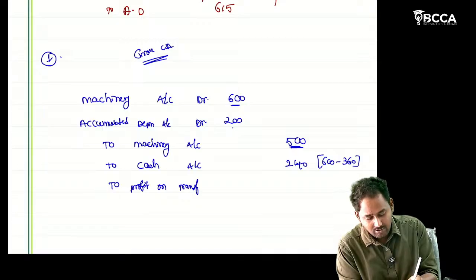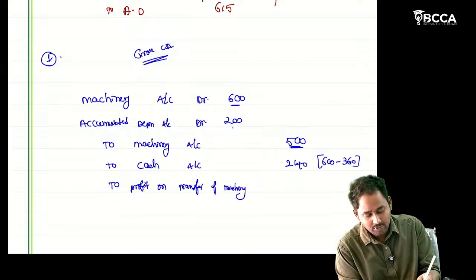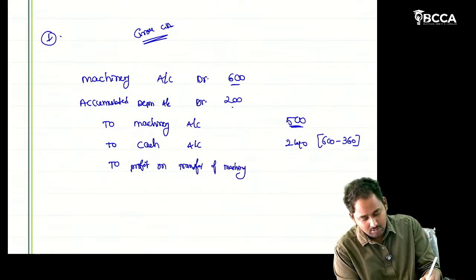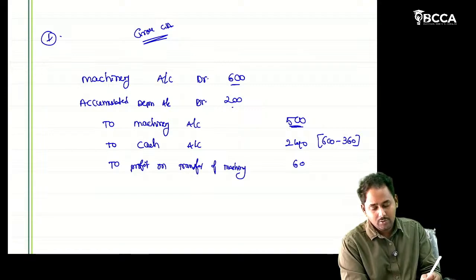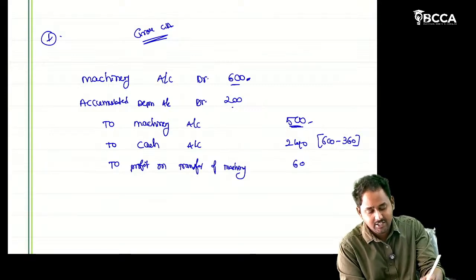Profit on transfer of machinery. How much? 60. So here in machinery it is 600, it is 500.